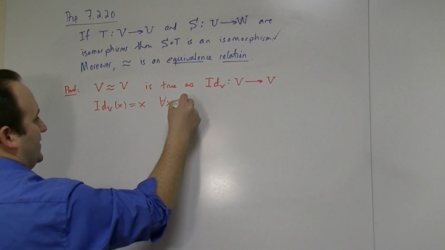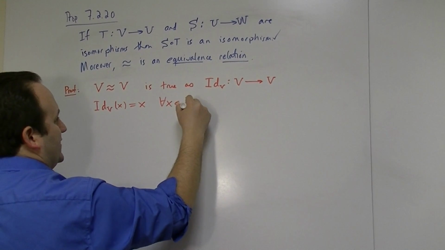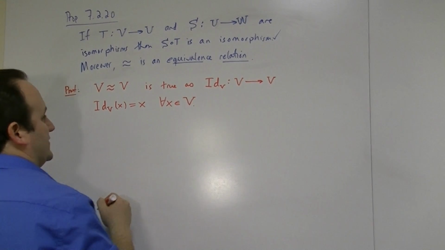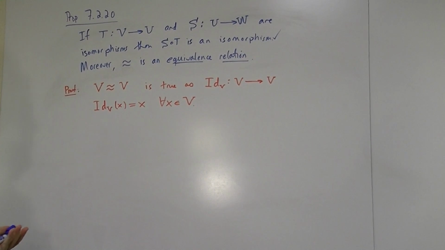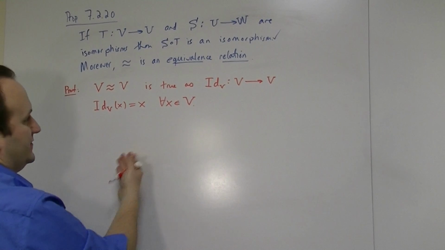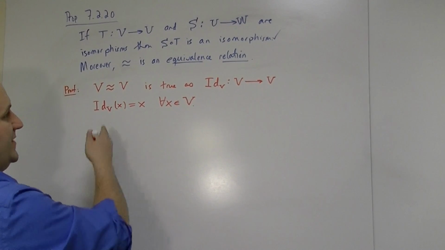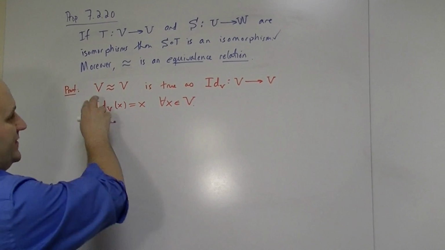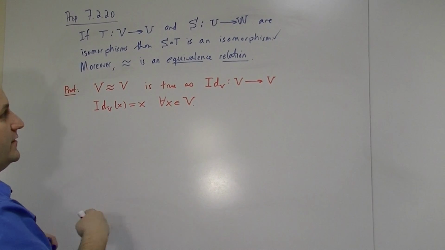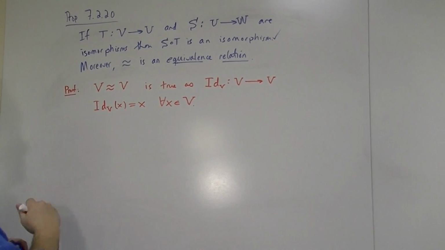It's a very, very simple, boring map on the vector space to itself. It's simple to check that this is onto, it's one-to-one, it's certainly invertible, it's its own inverse, and it's a mapping from v to v. This shows that v is isomorphic to itself, therefore isomorphism is reflexive.